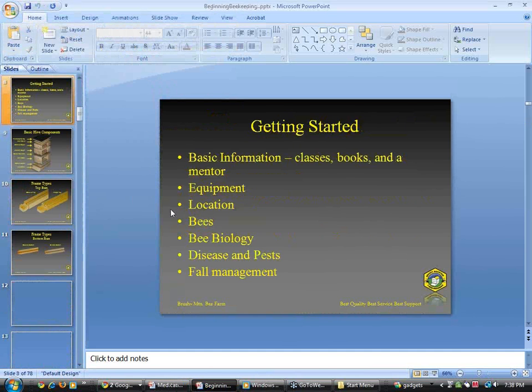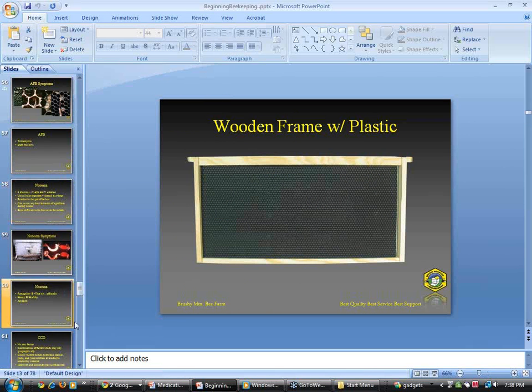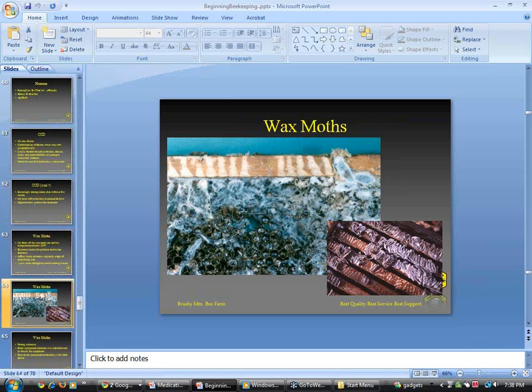Wax moth looks ugly. So the larva, this is an extreme case. They build these cocoons all over the place, but you're going to look for this cottony web running through your foundation. This is a really extreme case, but this is the sort of thing you want to look for, this cottony web just going through the cells of your comb.